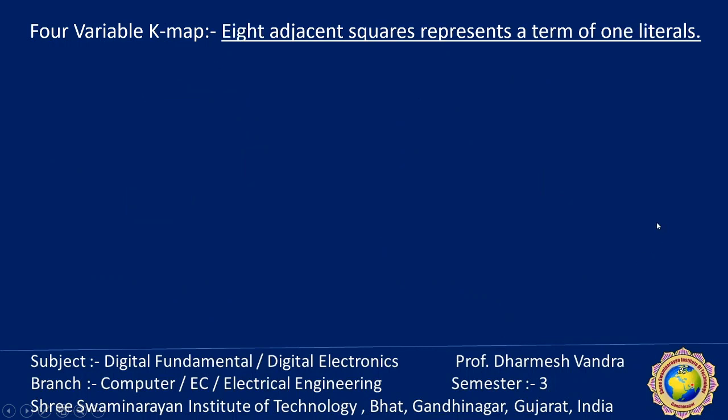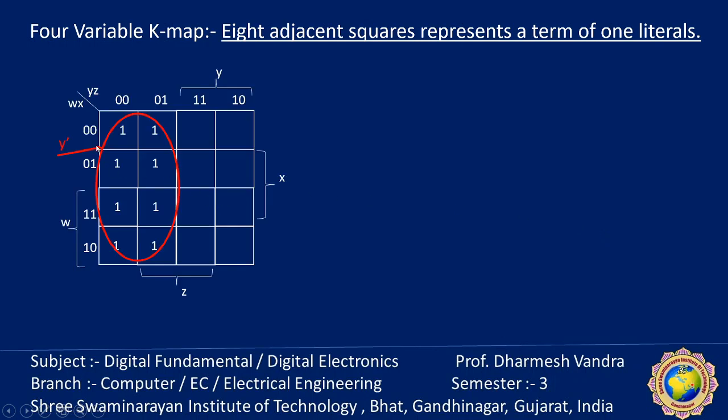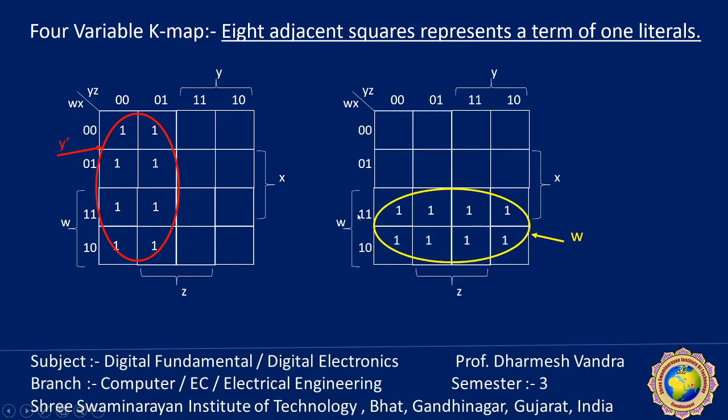Now let's see 8 adjacent cells, which give only one literal. I see here that the last two columns are represented by y, so this becomes y dash. All 8 make a bunch of y dash, and if all ones are here, it becomes y. The lower two rows are represented by w, and the upper two rows by w dash.